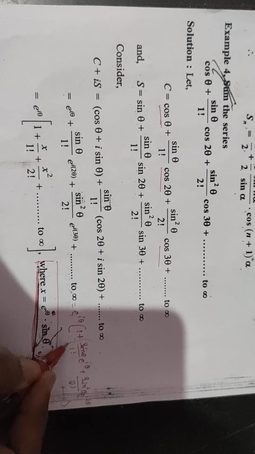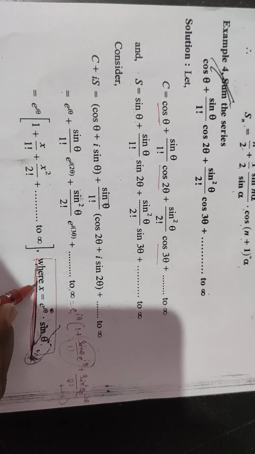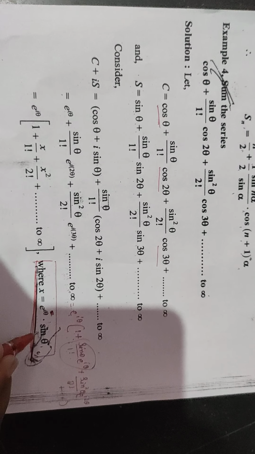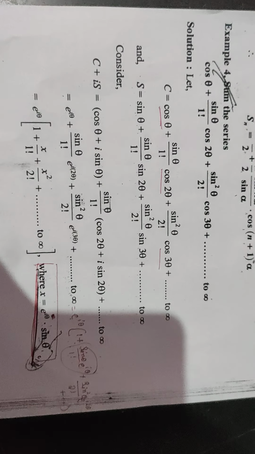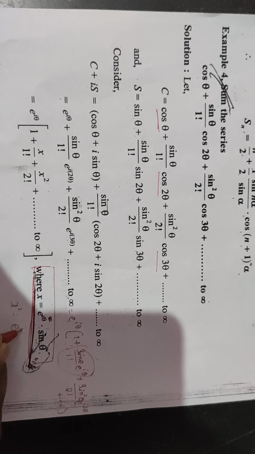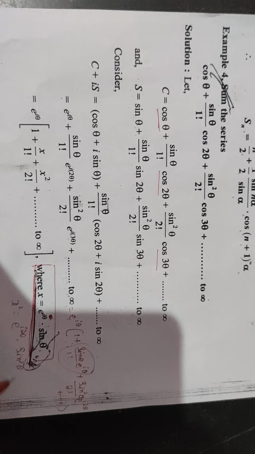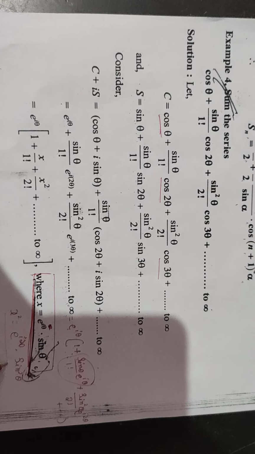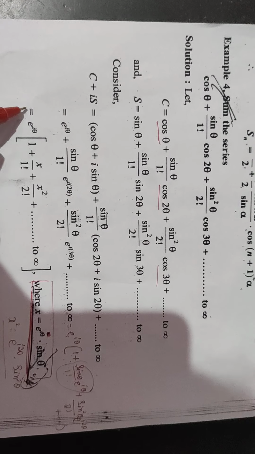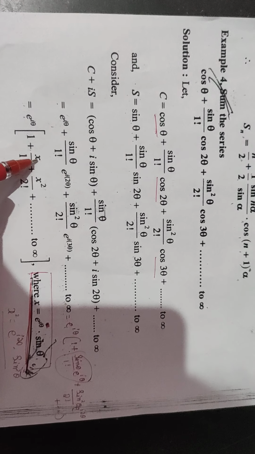Now in place of sin theta e power i theta you take x, replace this by x. x is equal to e power i theta into sin theta. Then x square will be e power i 2 theta into sin square theta, so this is what we get, x square.